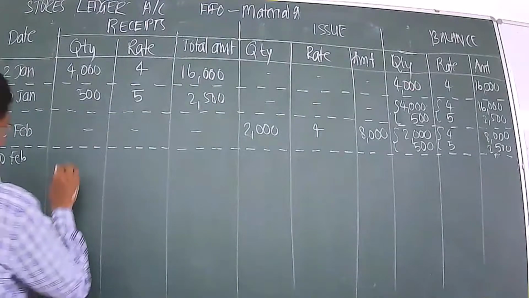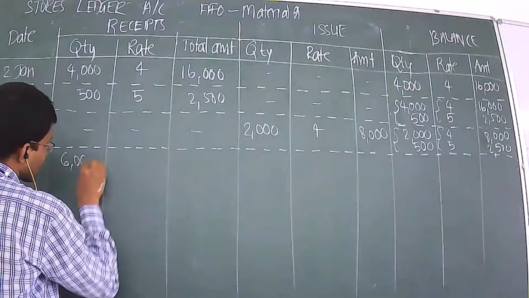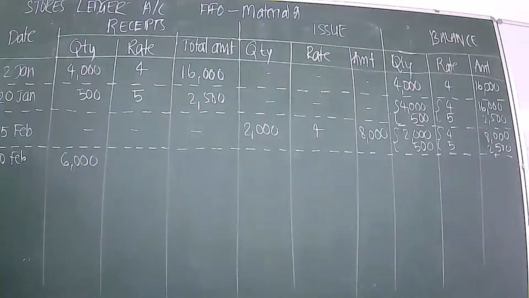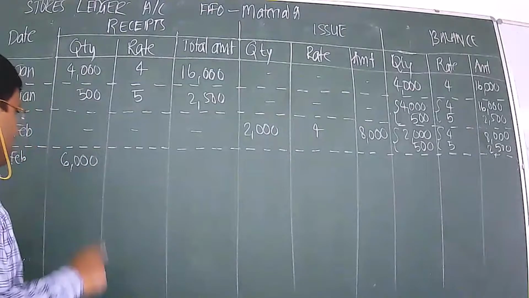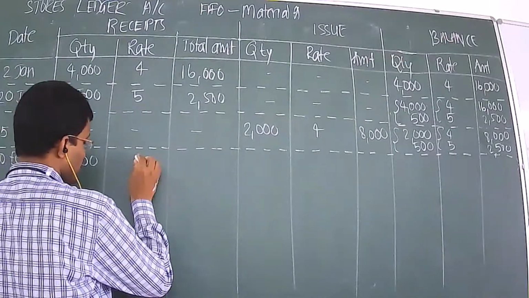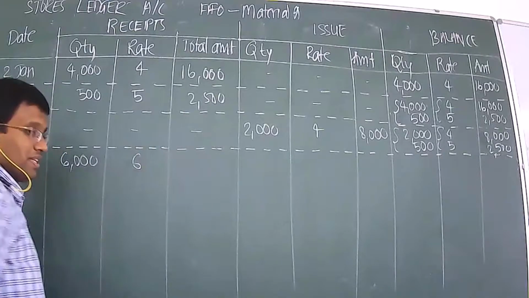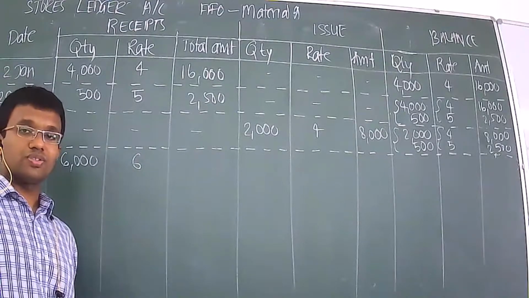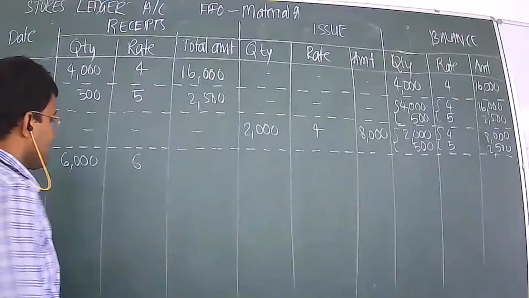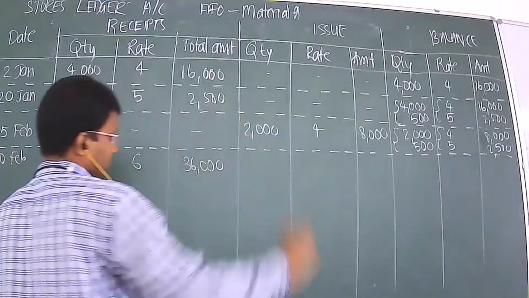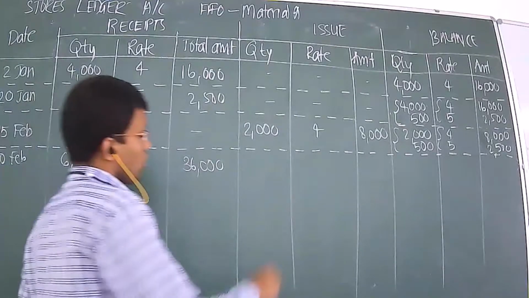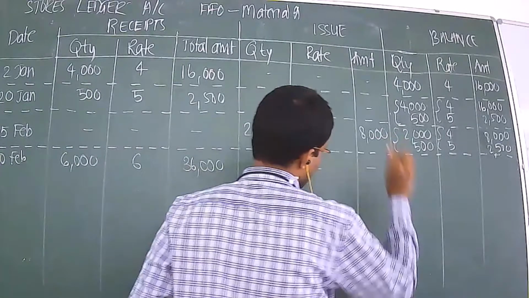This time you purchased 6,000 units at 6 rupees. So the total works out to be 36,000. You do not have an issue, so this is taken care.